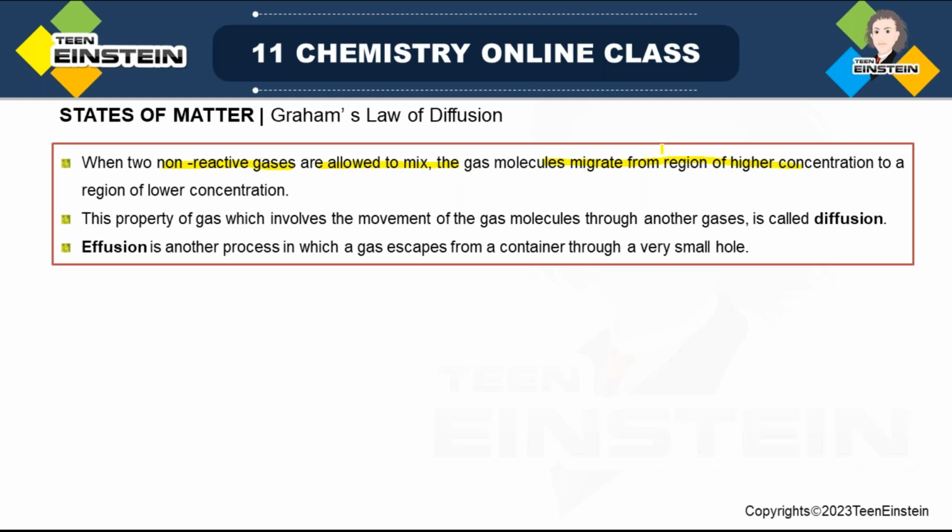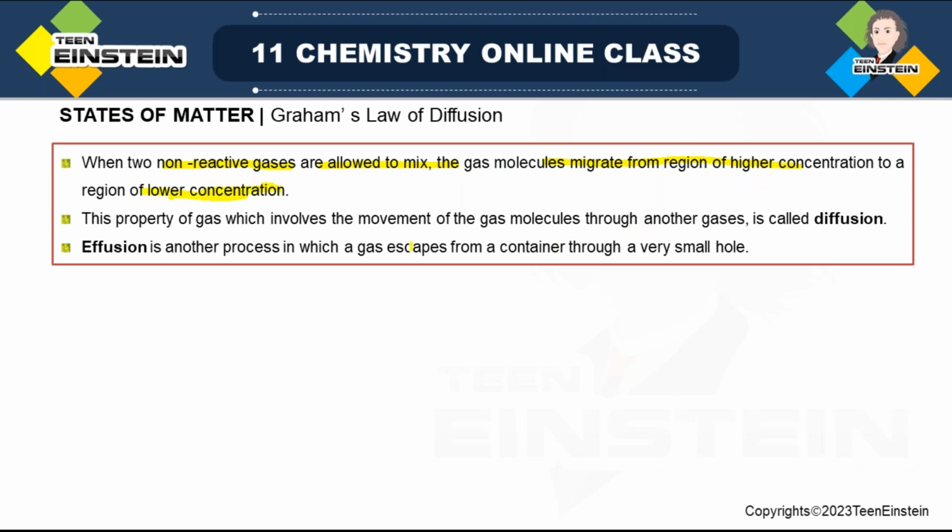Okay, so when you have just added it first in a particular container, obviously at first, when you have just mixed it, it will not have homogeneous concentration. There will be some part with high concentration, and other part with low concentration. So once you have this mixture, there will be migration of these gas molecules, and the direction is from higher concentration towards the region of lower concentration.